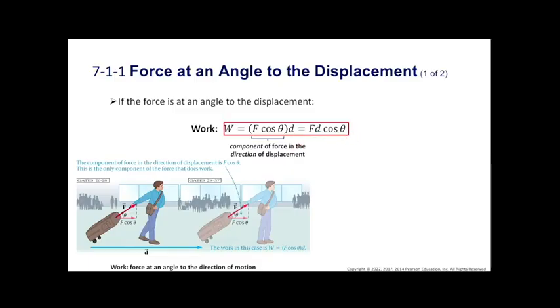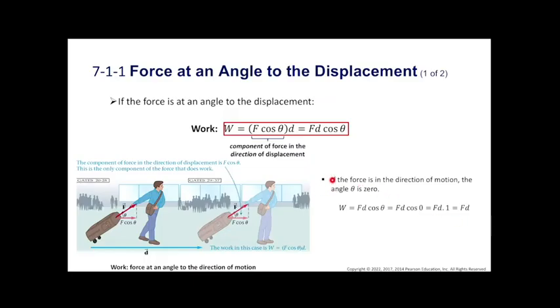Now, if the force is in the direction of motion, then this angle should be 0. Therefore, if we use this equation, cosine 0 is 1. Therefore, the work done is Fd. It is as we expected, because if the force and the displacement are in the same direction, then the work done is force times displacement.